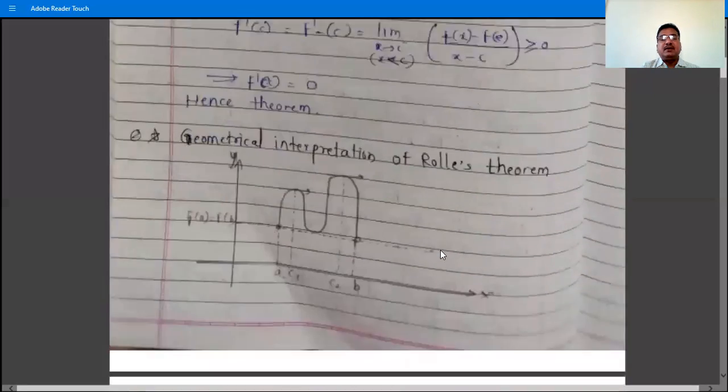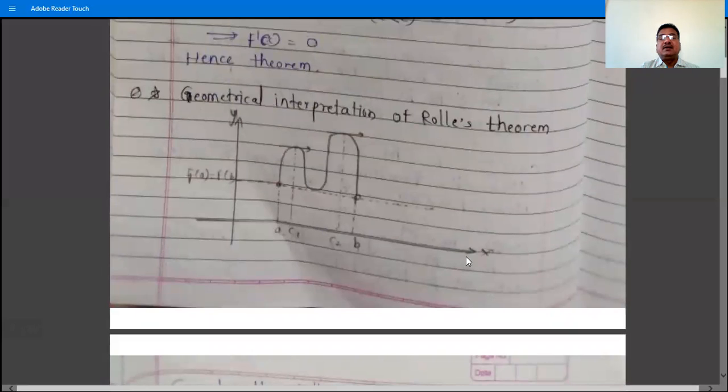What does f dash c equal to 0 mean? f dash c is the slope of the tangent at point c, and the slope of the tangent at point c being 0 means the tangent is parallel to the x-axis.